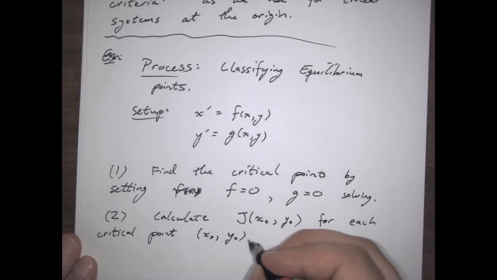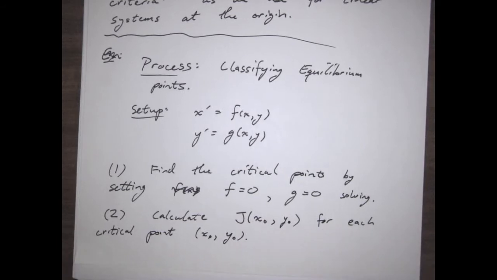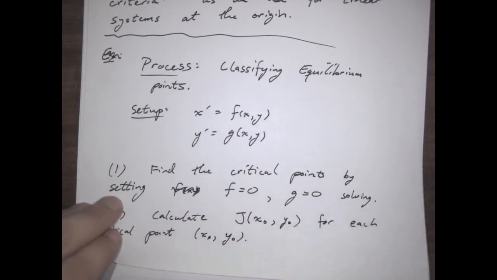Okay, so for each critical point, calculate the Jacobian matrix. And then 3.